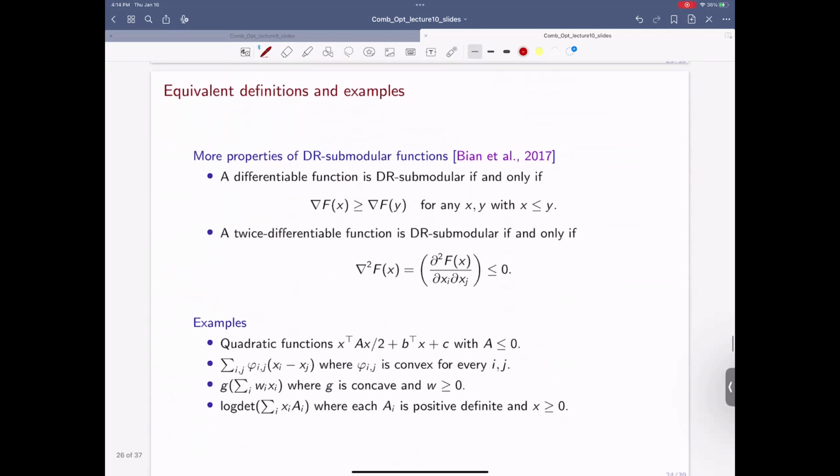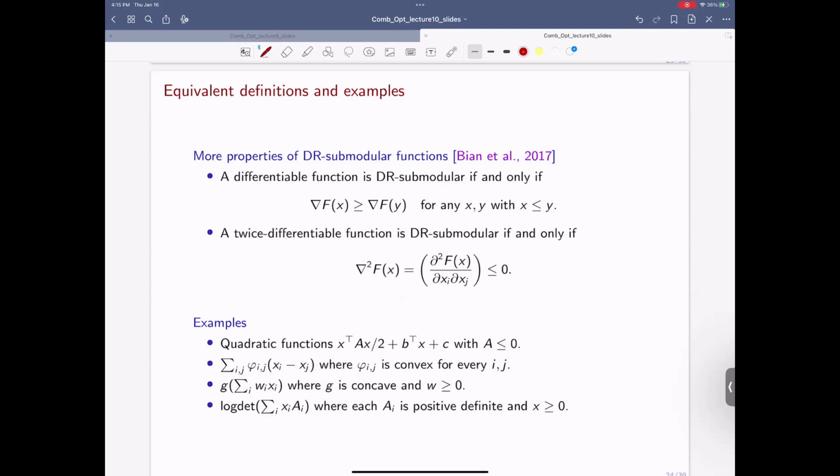In terms of gradient and Hessian, we know that a function is convex if and only if the second derivative is non-negative, or the Hessian is positive semi-definite. But for DR-submodular functions, if your function is twice differentiable and its Hessian has all entries non-positive, then you can prove that the function is DR-submodular.